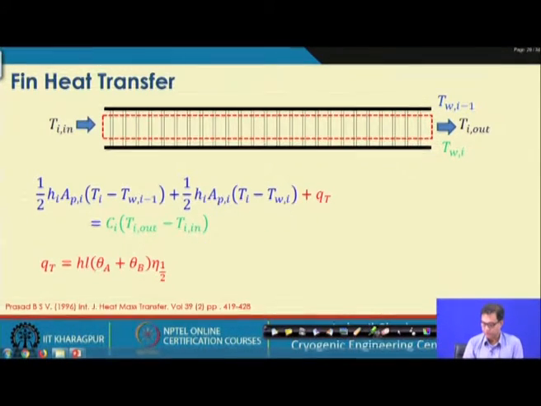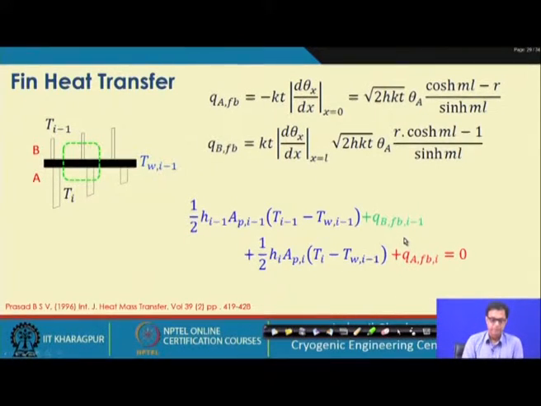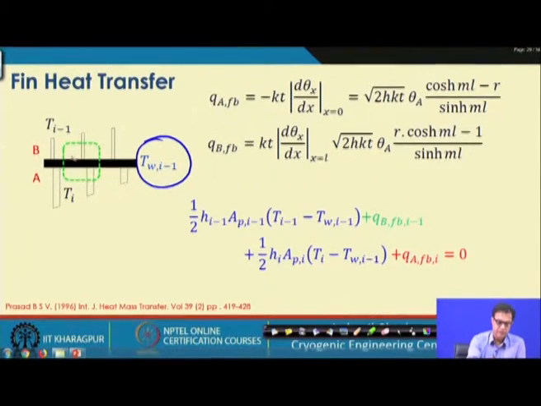Now, we need to look into the heat balance on the wall T_W,i minus 1. We have the contribution from the primary surface, the primary surface on the B side fin, and the primary surface on the A side fin.